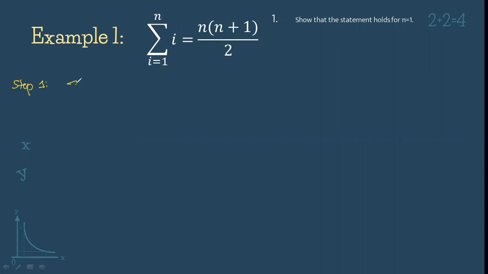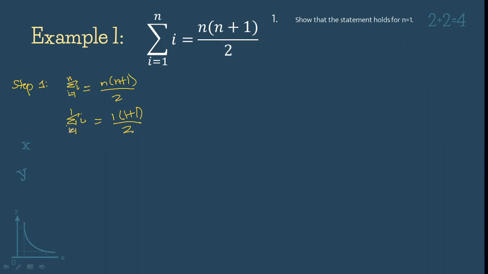So we have the summation of i, as i starts from 1 to n, is equal to n times n plus 1 all over 2. Ngayon po, ang gagawin daw po natin, lahat ng n ay papalitan natin ng 1. So we have the summation of i, as i starts from 1 to 1, is equal to 1 times 1 plus 1 all over 2.